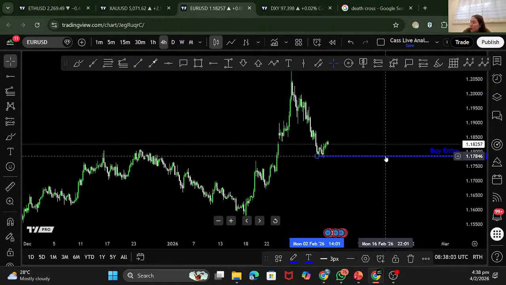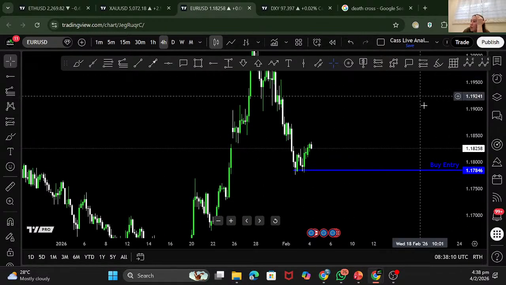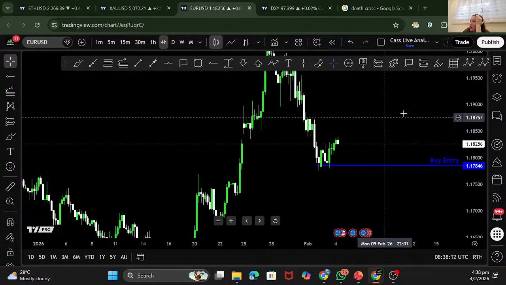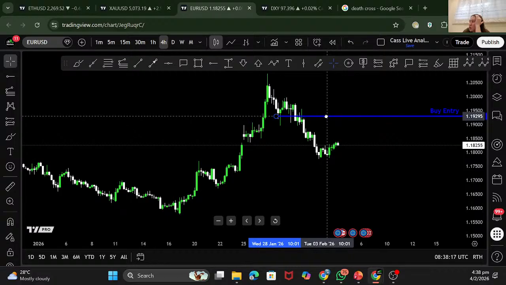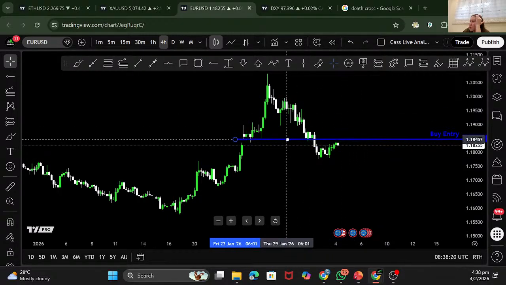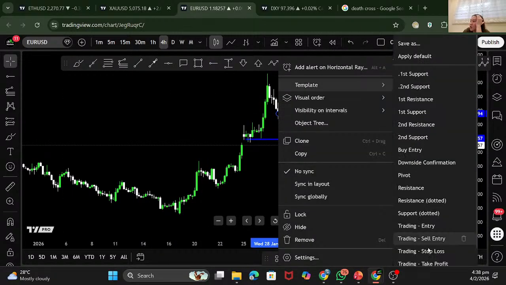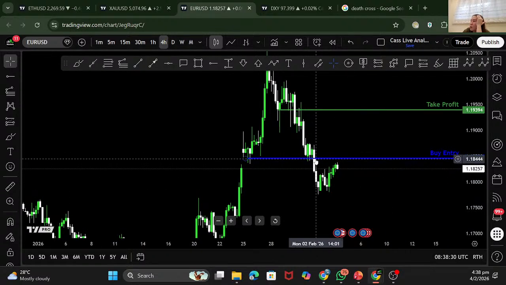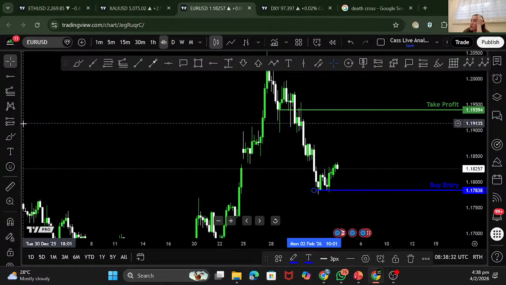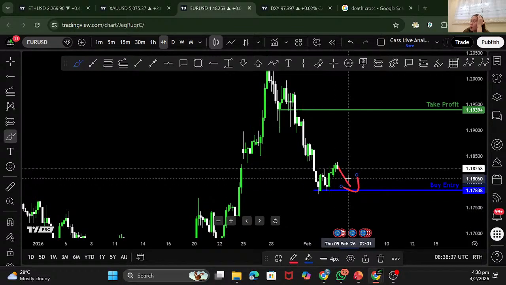This is very hard, because structurally things are not pointing in the same direction. I cannot put the buy entry here because I don't think price is going to go down one more time.